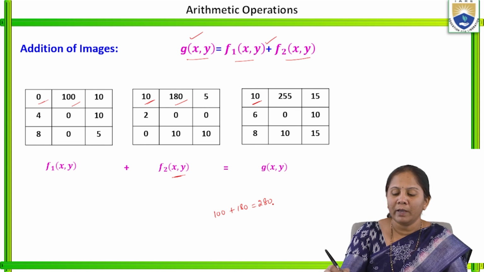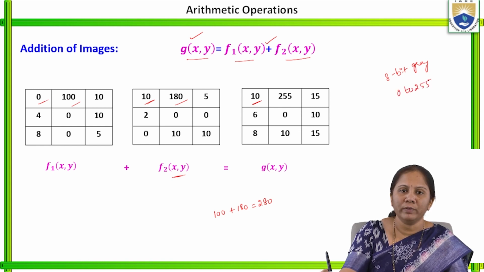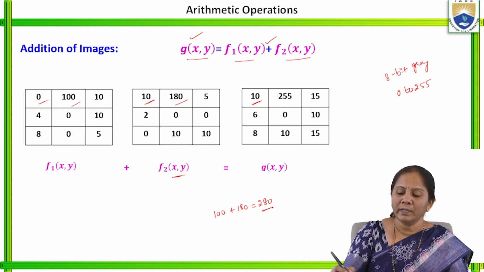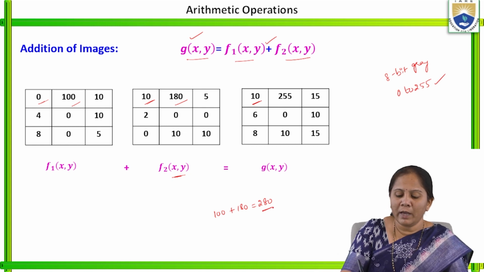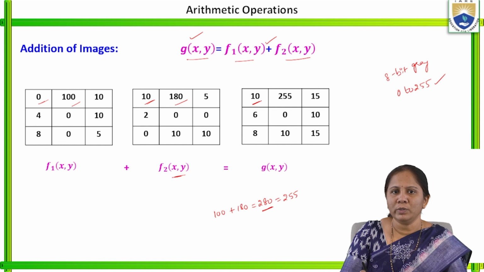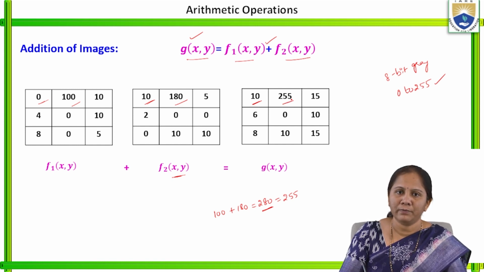In this example, we have considered an 8-bit grayscale image where the possible values are from 0 to 255. But if we add these two pixels, we get 280, which is above this range. So we have to make this 280 equal to 255, applying the rule we have learned. That's why we have written 255.